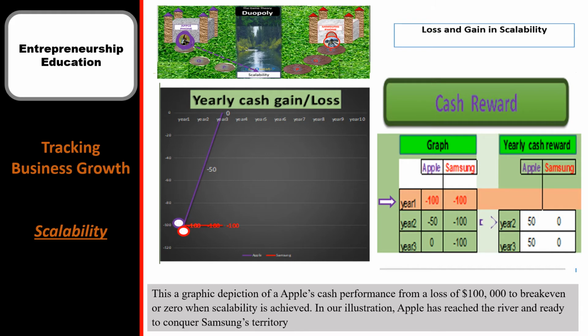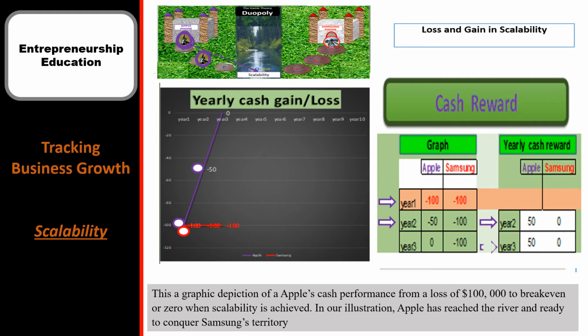And let's assume that at the end of year two, Apple is the winner. Apple will be rewarded $50,000, and that will bring Apple's cash level to negative $50,000, and that will be indicated on the graph. And another depiction of such business performance is to see Apple making a move towards the river to achieve scalability.